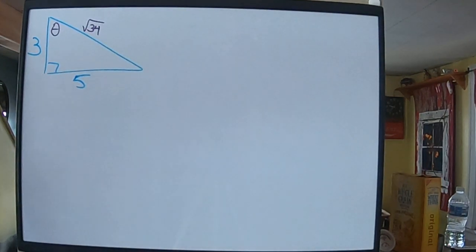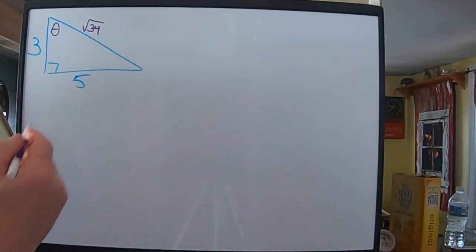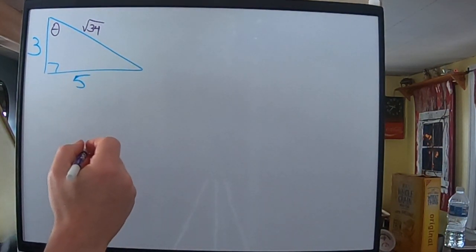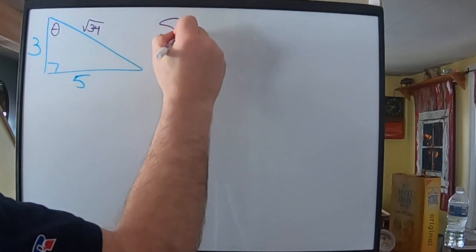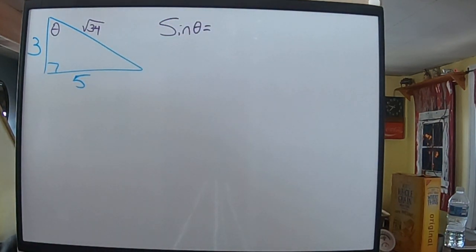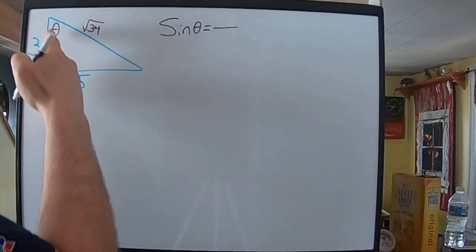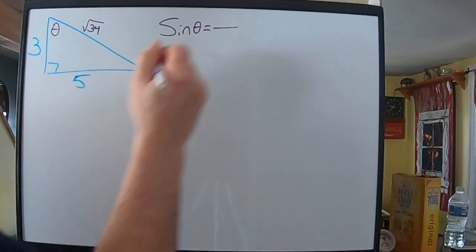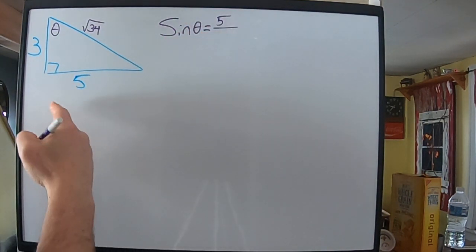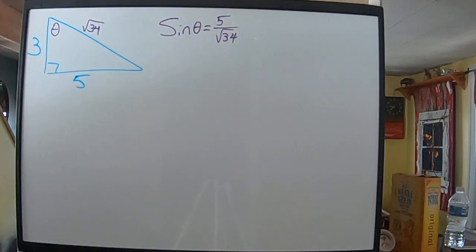All right. So the next thing I'm going to do is find all 6 trig functions. Sine of theta is going to be opposite, which is 5, over hypotenuse, square root of 34.